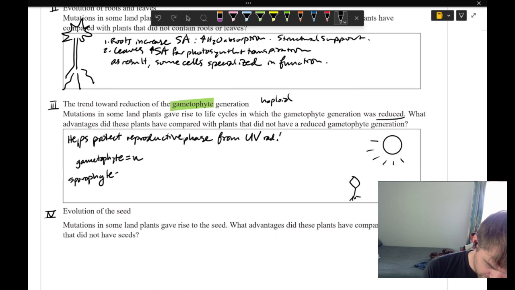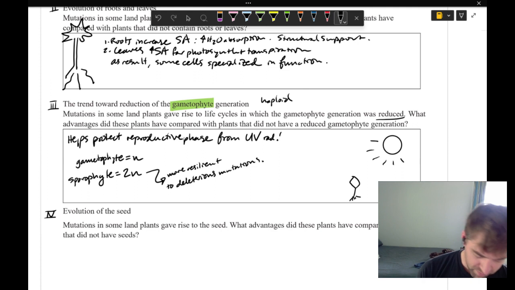Sporophyte is diploid, 2N. Diploid cells are going to be more resistant to deleterious mutations in their genomes.